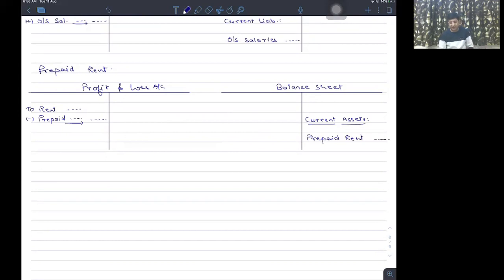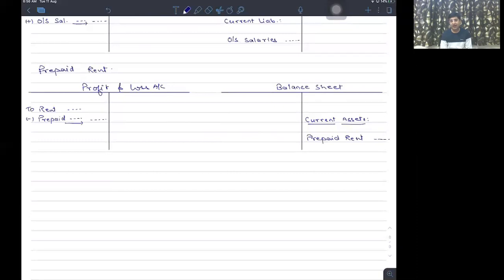Please remember a thing, my dear friends, here. Prepaid expenses are reduced from the respective expense. Outstanding salaries are added to the current year expense.